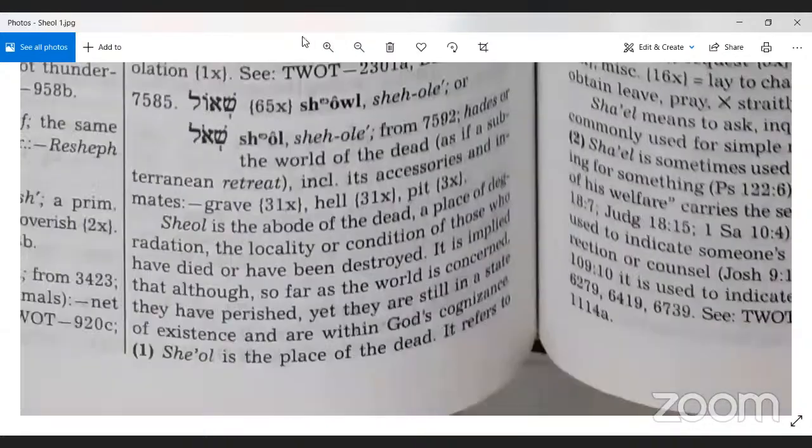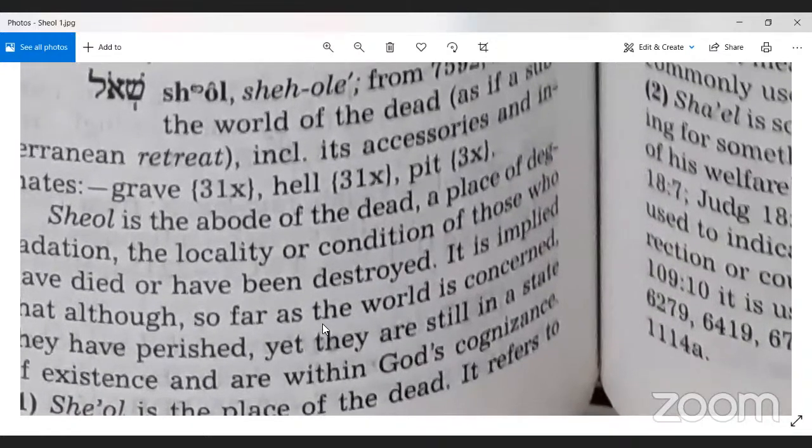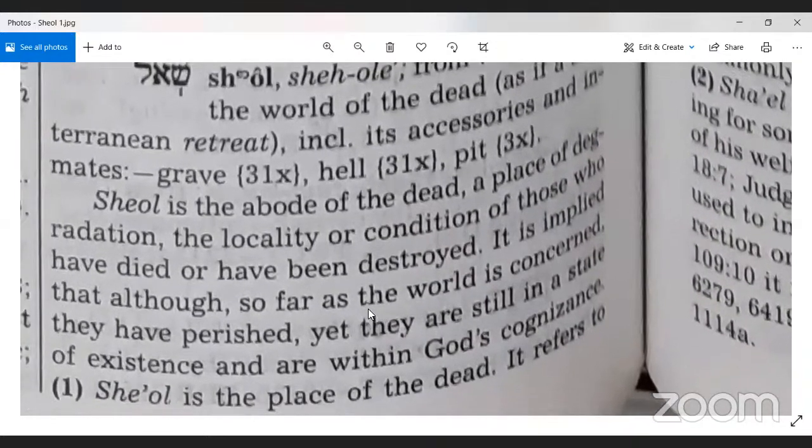So let's see. It says here where the cursor is, it is implied that although so far as the world is concerned, that's what people think, they have died. So the people think that they're gone, yet they are still in a state of existence.